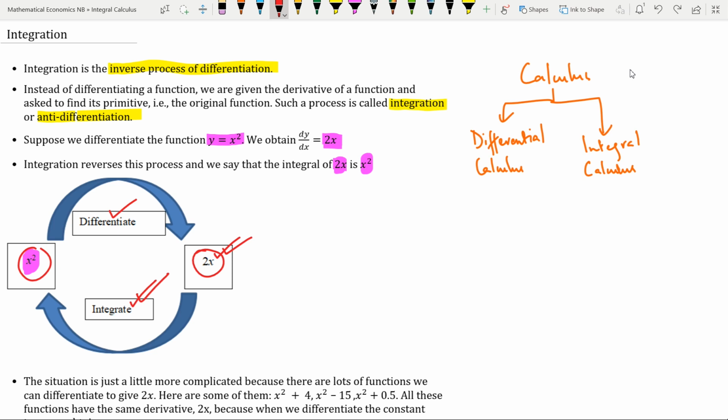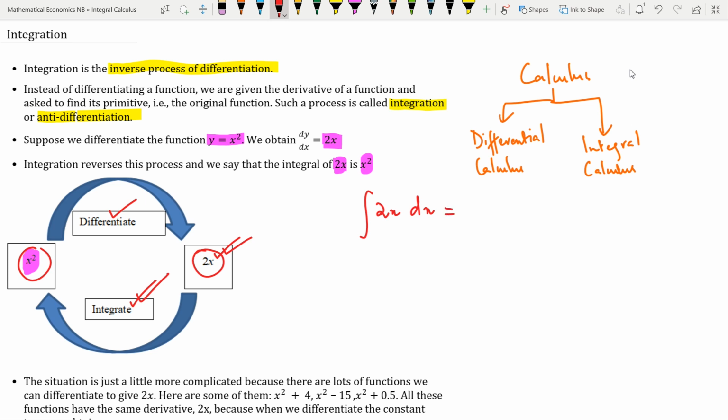In order to find the original function or the primitive function from the derived function, we write the integral sign or elongated s, the derived function 2x or the integrand, and dx. x here stands for the variable with respect to which the function is to be integrated.